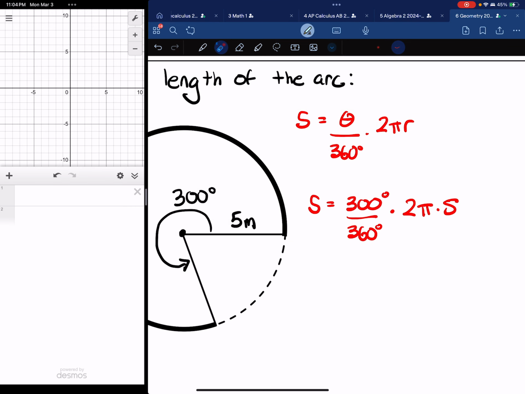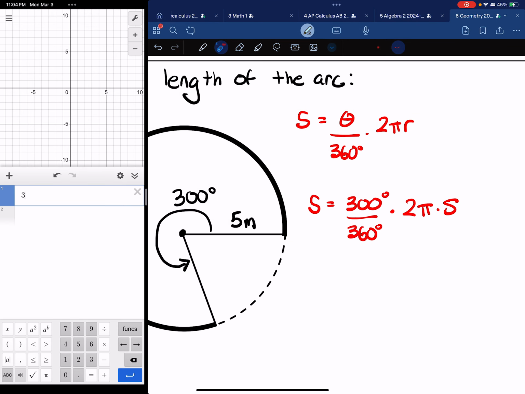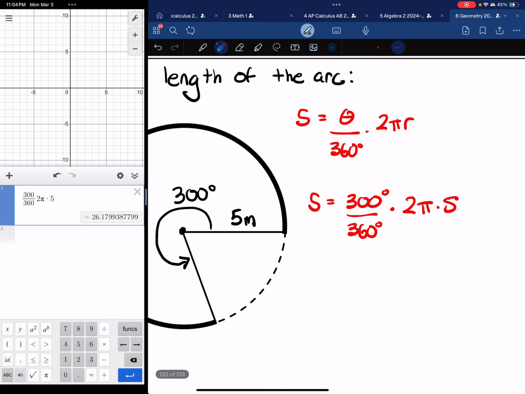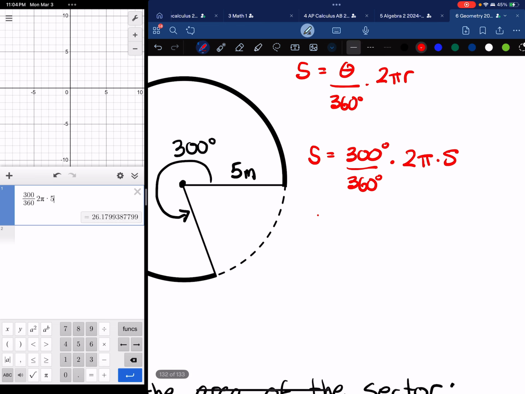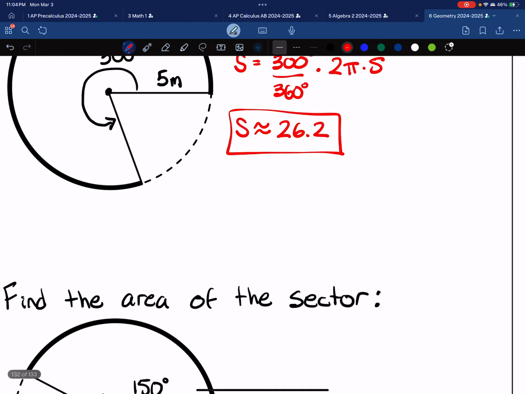I'm just going to type in 300 divided by 360, and that's the fraction. And I'm going to multiply that by 2, multiply that by pi, and multiply that by 5, and there's our answer. So we can say that this arc length s is approximately 26.2, rounding to 1 decimal place. Excellent. All right, we'll use that calculator in a sec.